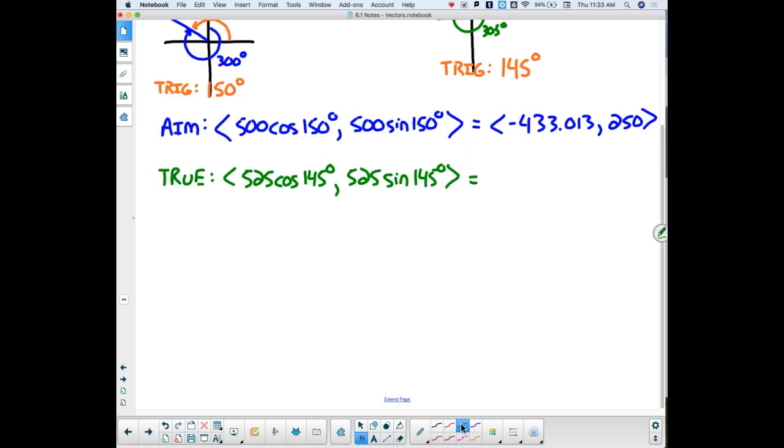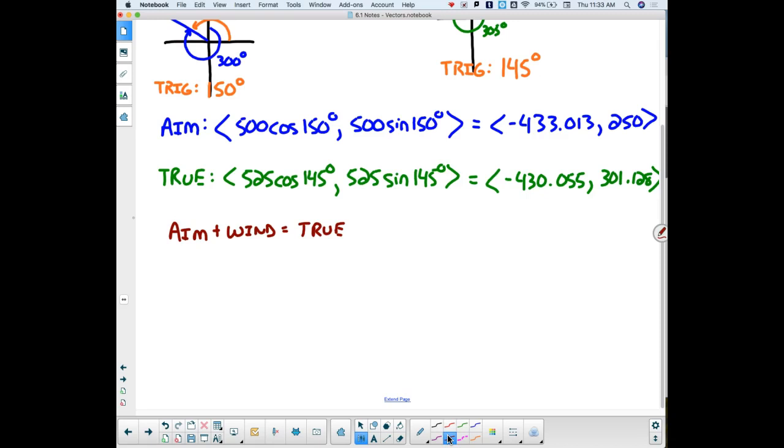So that gives me negative 430.055 and 301.128. Right? Aim plus wind is true, correct? Right?